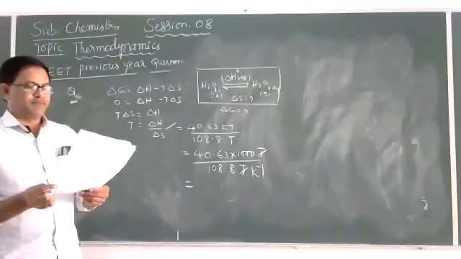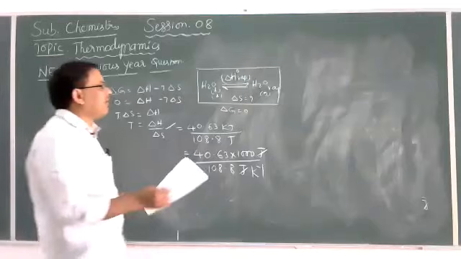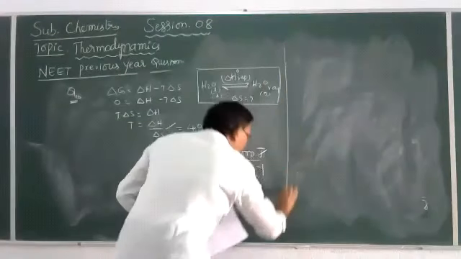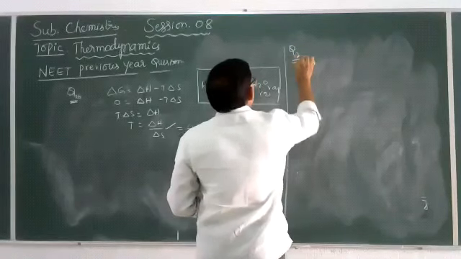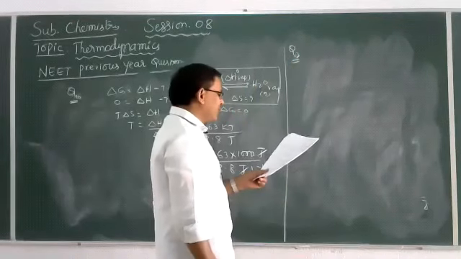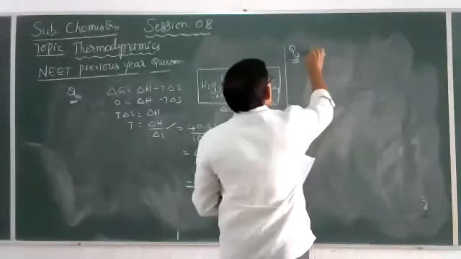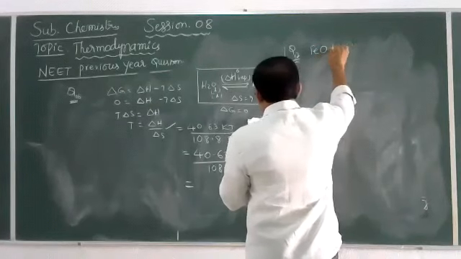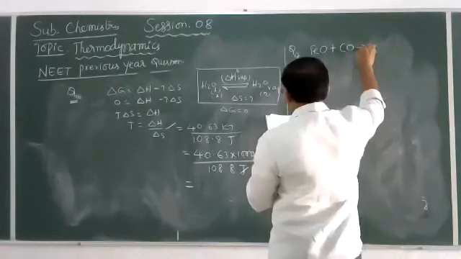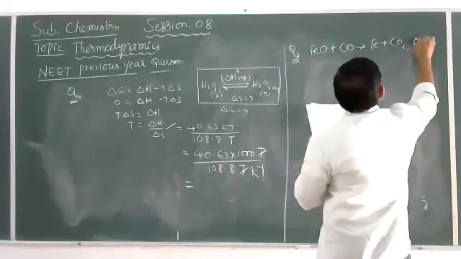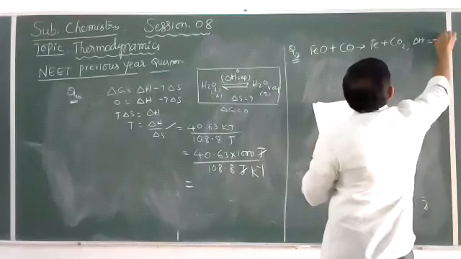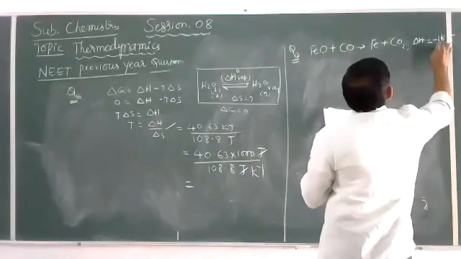Question number 17. This is very, very important. Question number 17 model: 2 reactions given. FeO plus CO gives Fe plus CO2, delta H is equal to minus 16.5 kilojoules.